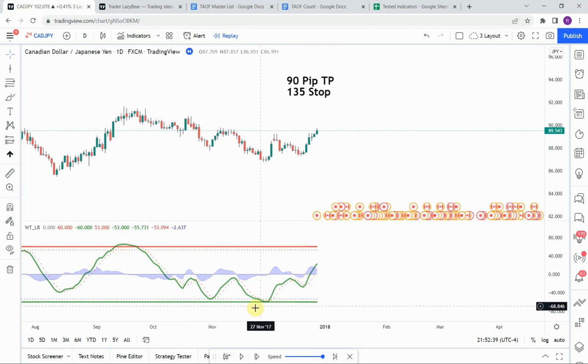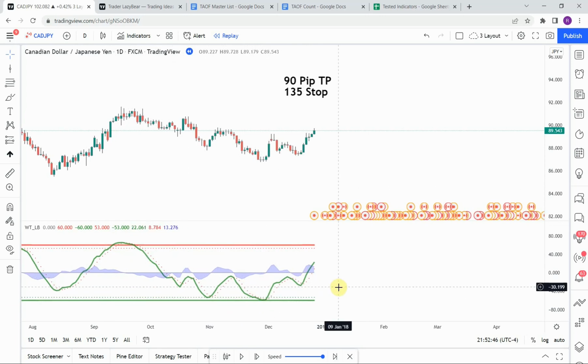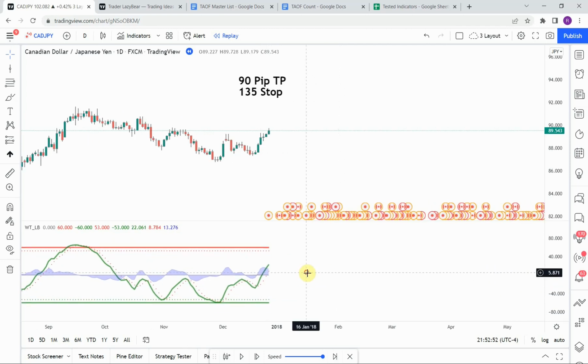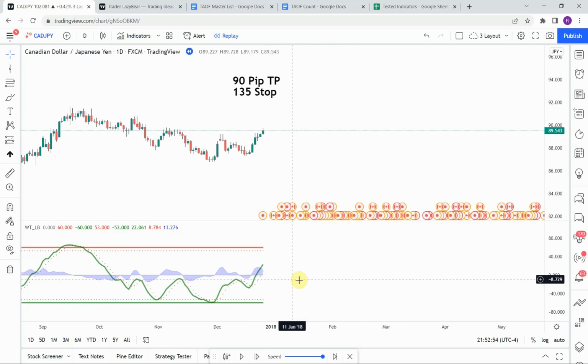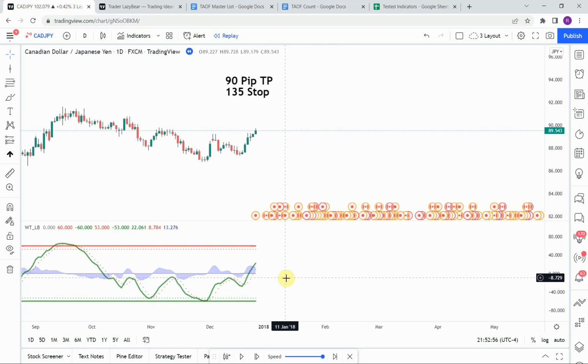Once it broke down below the green line here and then crossed back up above that green line, that would be a signal to go long. Done it many times before, seen them many times on these indicators just the same. Let's go ahead and get on with the testing and see what we can get out of this one.